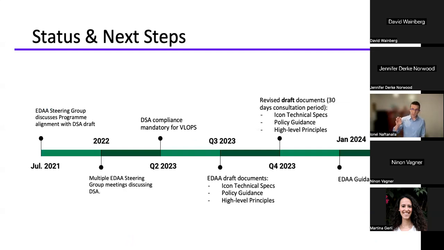So from the EDA side, as I mentioned earlier, we started to think about all this back in 2021, when DSA was still in very early stages. And then, of course, we discussed it.